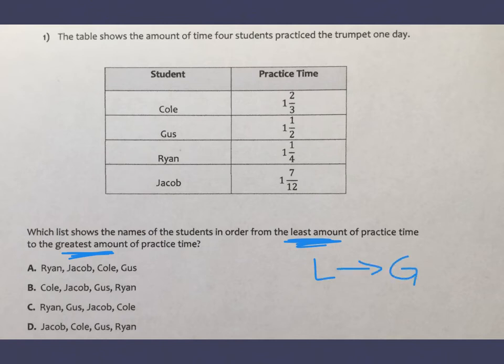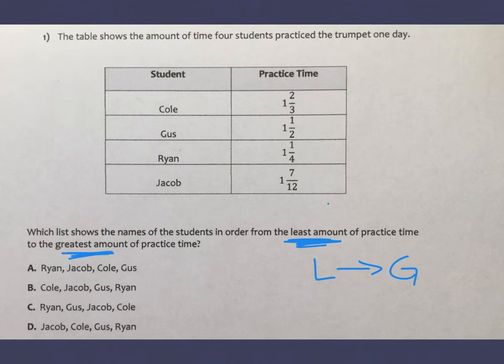Now we have mixed numbers. Fortunately, each of the whole numbers is a 1. So all we need to do is make these fractions look alike so that we can more easily tell the difference between the least and the greatest. The easiest and most effective way is to find a common denominator.